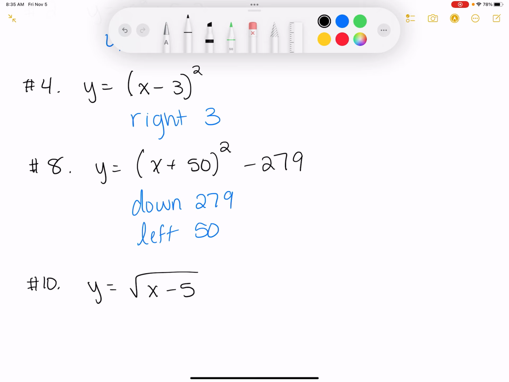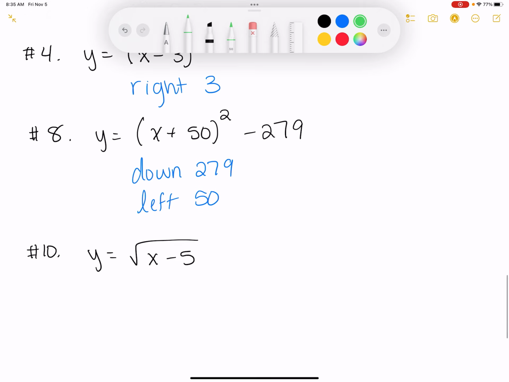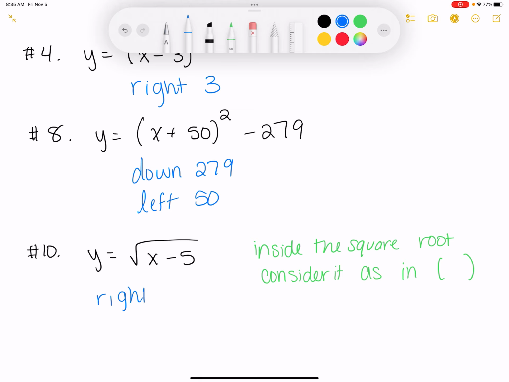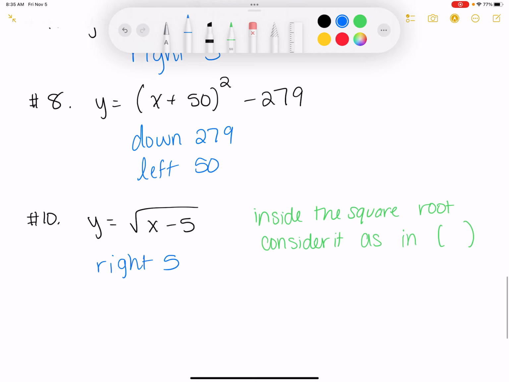Now I'm going to make a note here really quick that inside the square root, consider it as inside the parentheses. So what would be happening to this one then? Right 5. Why did I write 7? I literally wrote 7 instead of 5.